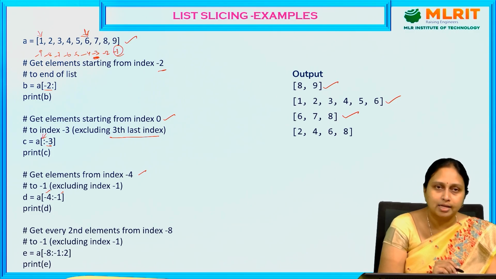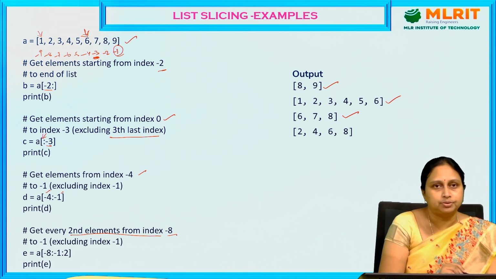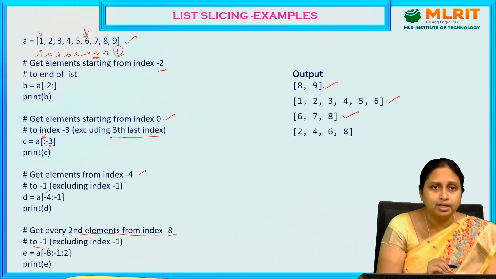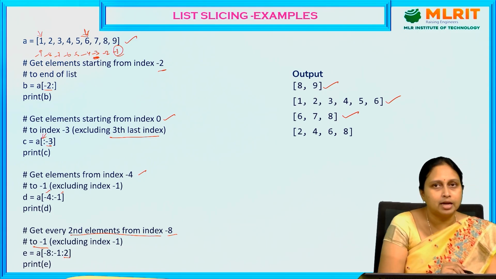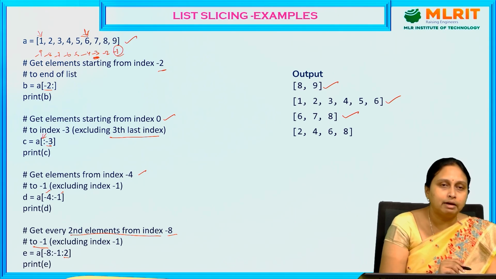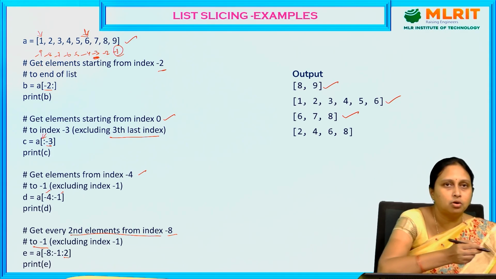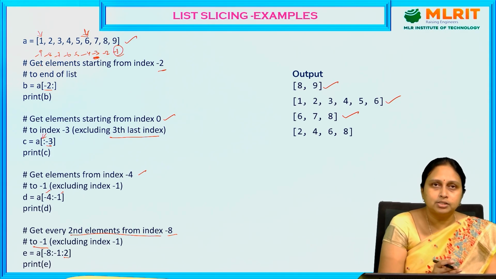And the last example, getting every second element from the index -8 to -1. Now we are including step 2, so every second element it has to get. From -8 to -1 means backward indexing or negative indexing.